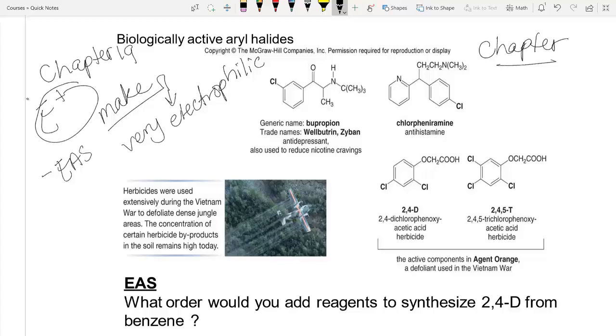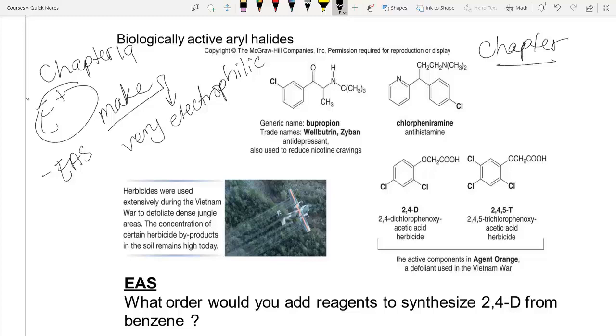Agent Orange was a group of molecules that was used in the Vietnam War to clear the brush. It's a herbicide, and allows the U.S. military to be able to know if the Vietnamese were coming towards them or hiding in the jungle, because they would kill all the bush.